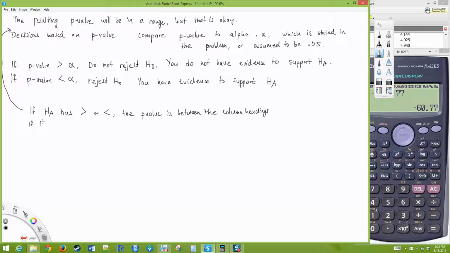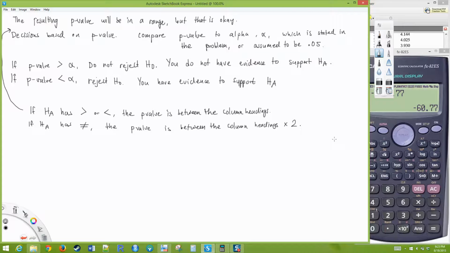And if the alternative has a not equal sign, the p-value is between the column headings times 2. Even that should seem kind of familiar, because last week, if the alternative had a not equal sign, you took the tail area and multiplied it by 2. So here it's the same kind of idea, except you're dealing with the column headings, and it's do you multiply by 2 or not? Sorry, I forgot to put that in there earlier.